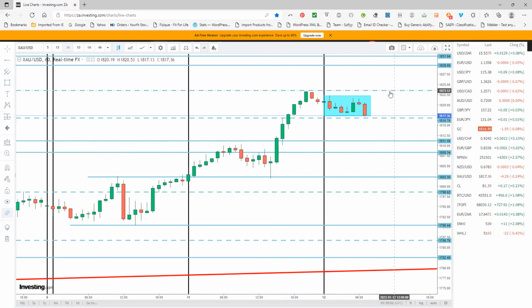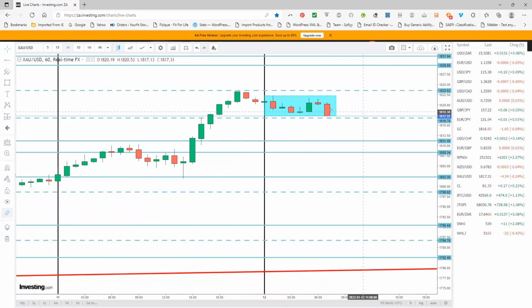That's also an area of confluence because that was yesterday's high. We're not there yet in terms of the close of the Asian session to be able to trade the London session. But we have to look: is it going to drop down to there and then jump up, or is it going to do a stop hunt to there and drop down?